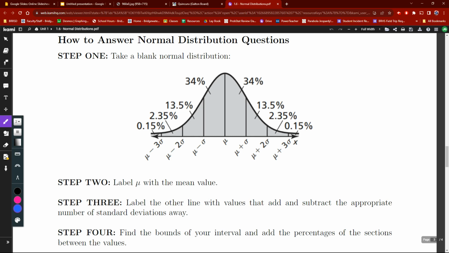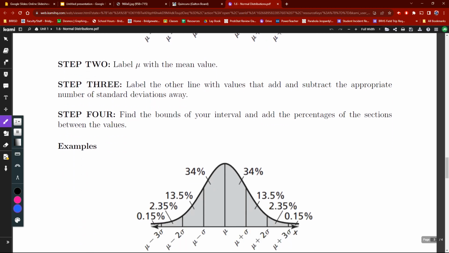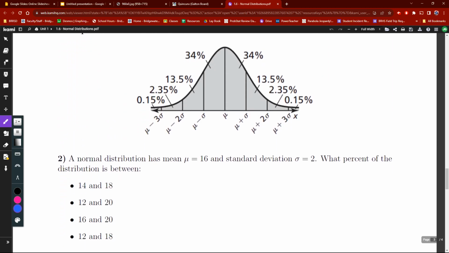They're all marked off as either the mean or the mean plus or minus a certain number of standard deviations. As we do a problem, step one is to mark the mean value. Here, the mean is 16, and then I'm going to use the standard deviation to mark what each line after that is going to be.